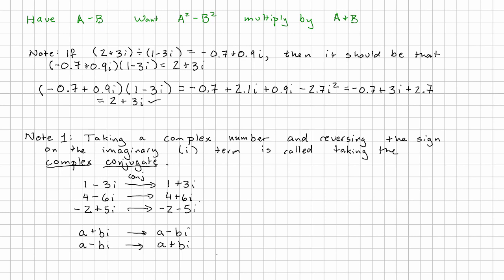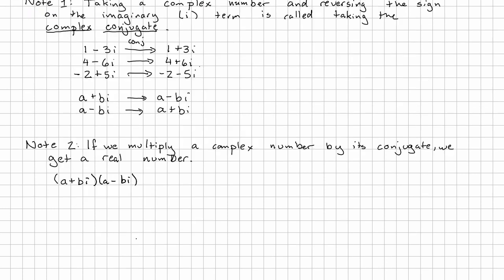We often refer to pairs of complex conjugates. And part of the reason for that is, when we multiply a complex number by its conjugate, we get a real number. In particular, if we take a plus bi times a minus bi, we get a squared minus b squared i squared.